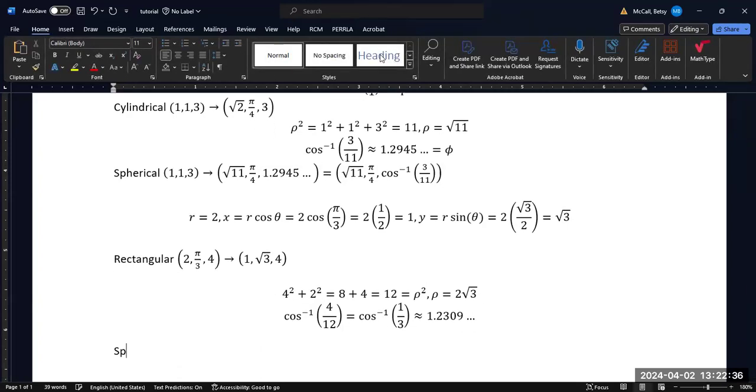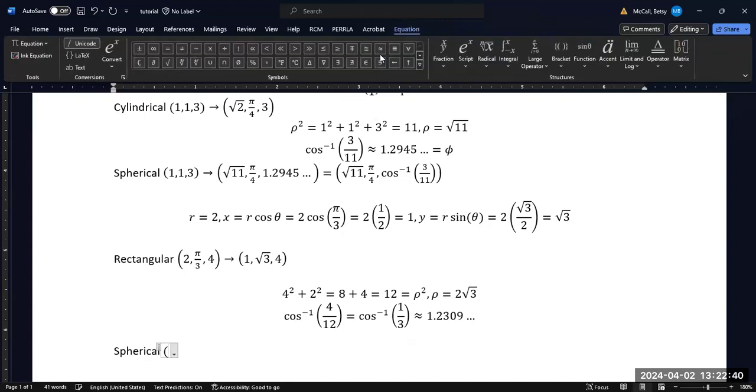And so in spherical, the point 2, pi over 3, 4 becomes the point. Rho is 2 square root of 3. Pi over 3 doesn't change.